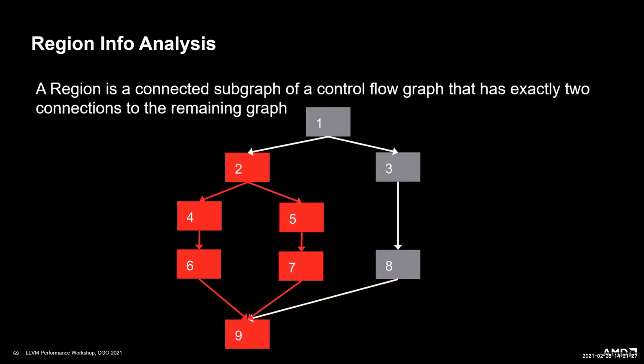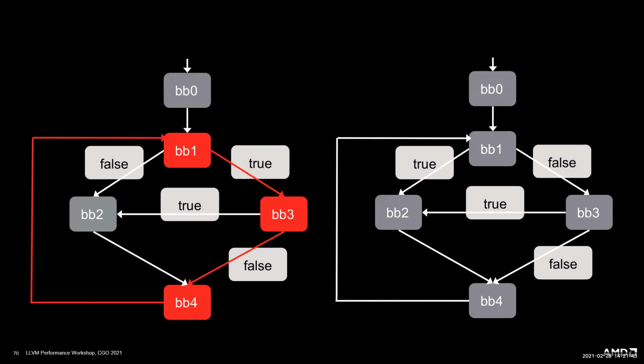We can say this is a region considering 2 and 9 as the entry and the exit, the two connections to the remaining graph. These 1, 2, 3, 4, 5, 6, 7, 8, 9 are basic blocks. What happened with the test cases that we mutated was that for one test case, we were able to find a region, and for the other test case, we missed a region.